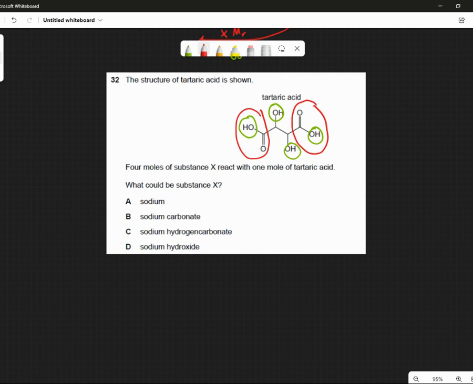That will react with 1 mole of that. Sodium hydrogen carbonate will react with 2 moles because these only react with the acid groups. So does sodium hydroxide as well. That's only going to react with the acid group. But the thing that's going to react with the acid OHs and the alcohol OHs is sodium. So sodium is the answer.